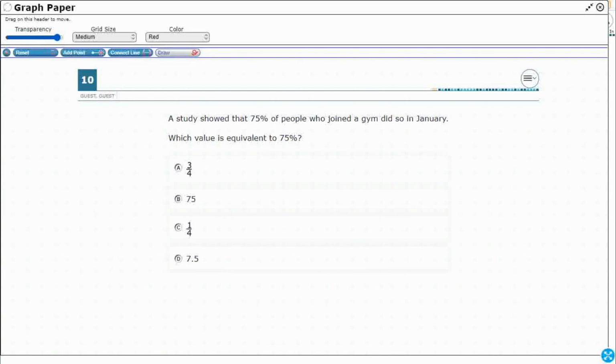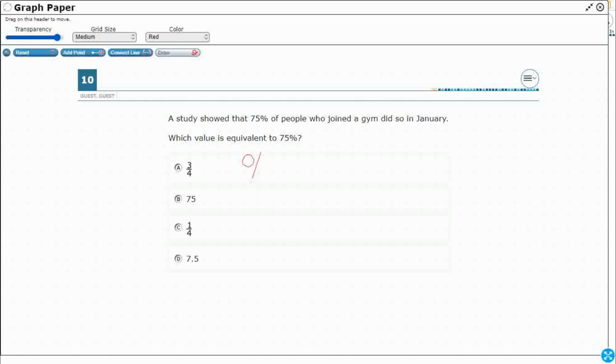One thing we've spent a lot of time in 6th grade talking about is how we can convert items from percents to decimals to fractions, and back and forth. One of the easiest conversions here is going to be from a percent to a decimal, and then from a decimal to a fraction.